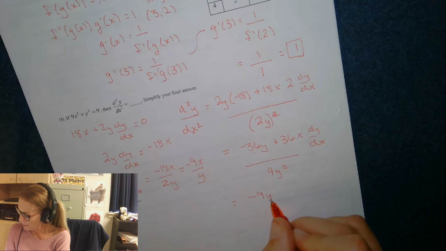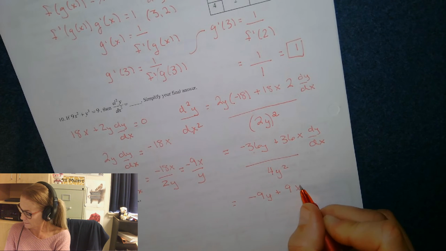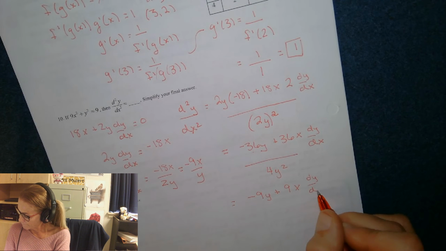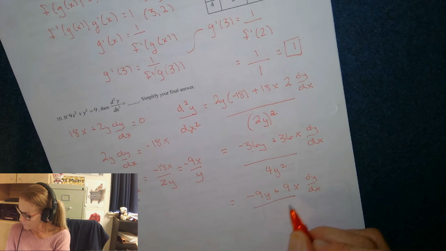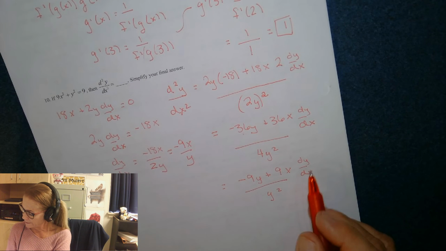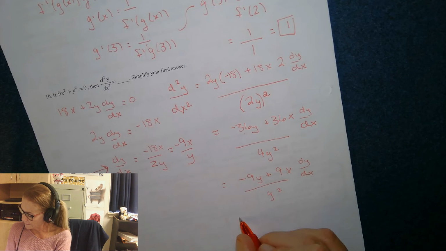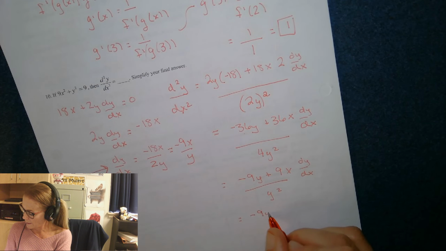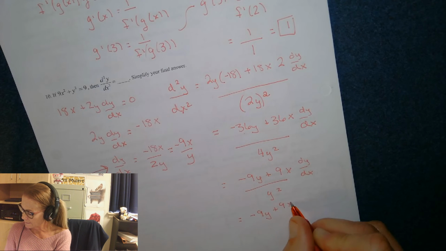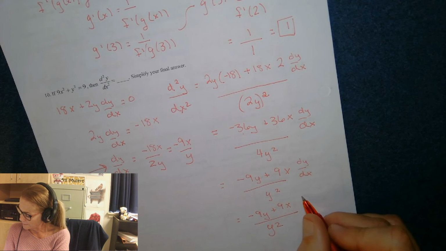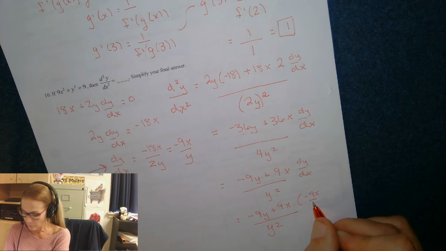Negative 9y plus 9x dy/dx, and then over y squared. And then we just sub in what dy/dx is equal to. So it should be negative 9y plus 9x over y squared, and then this would be times negative 9x over y.